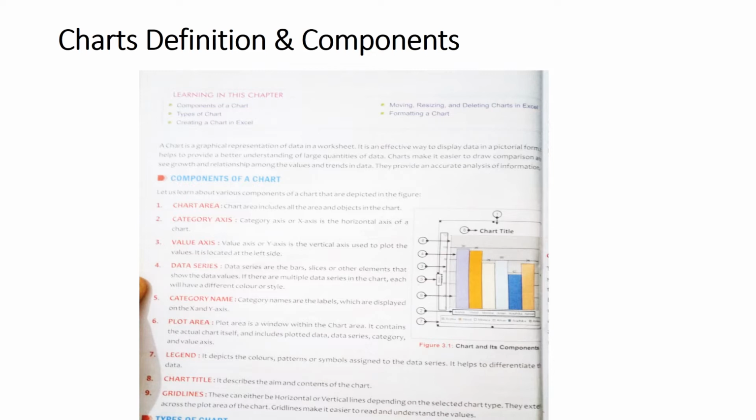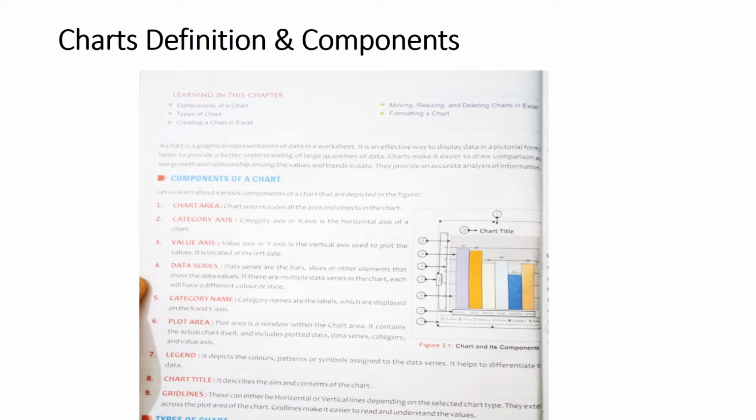Whatever other components are there, like the plot area and the category axis, all these things which we are going to discuss in the upcoming topics, are included in it. It is labeled here as number 1.